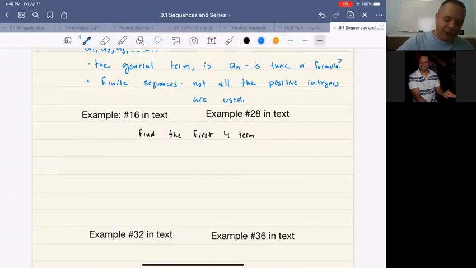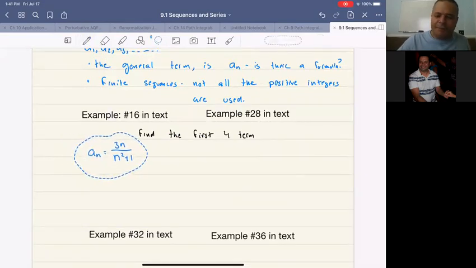So number 16, we get a sub n equals 3n over n squared plus 1. Unless we're told differently, it looks like it's going to be an infinite sequence. That's no problem.